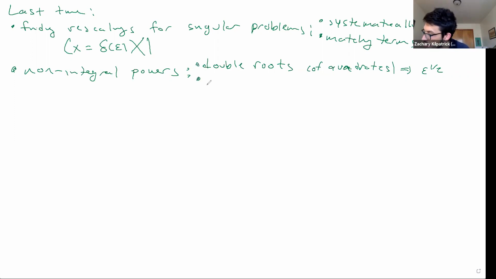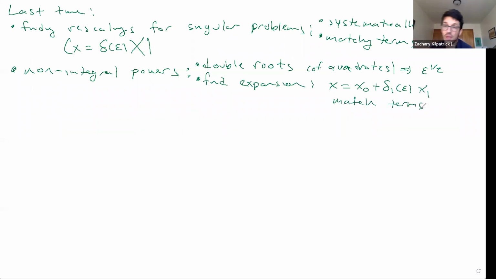But in order to find the expansion, you can just plug in something like x equals x0 plus delta 1 of epsilon x1, and essentially, again, match terms, right? So leave the fractional epsilon power ambiguous, and then see what happens when you make that expansion, and then choose it so that you get sensible equations in your hierarchy, and that the dominant terms are getting canceled out as need be.